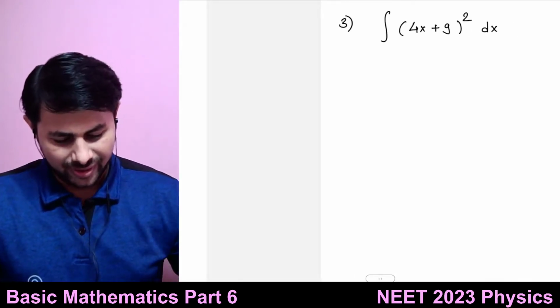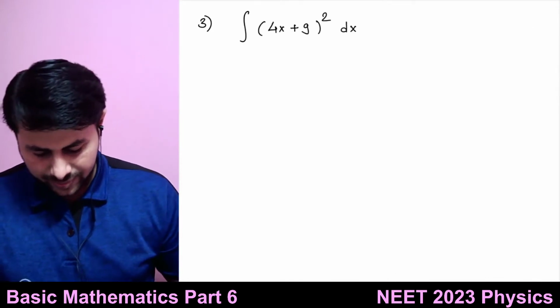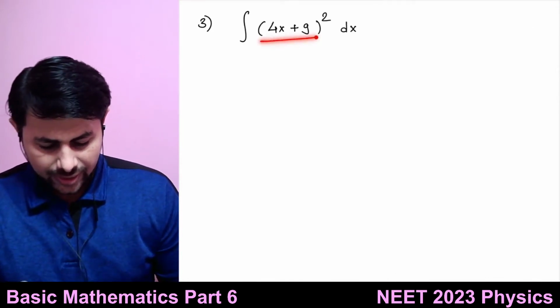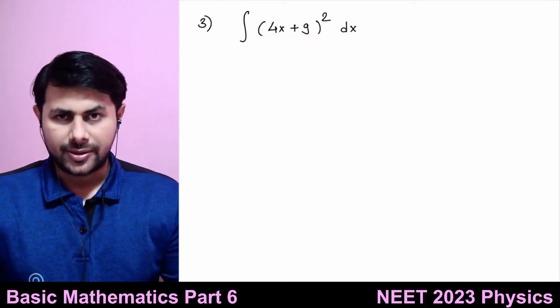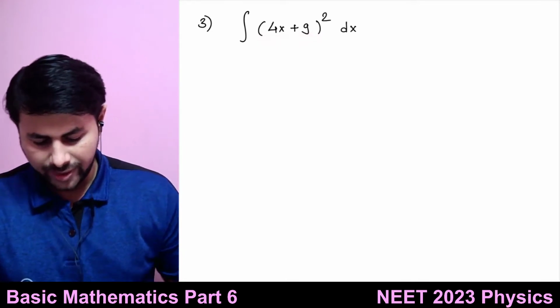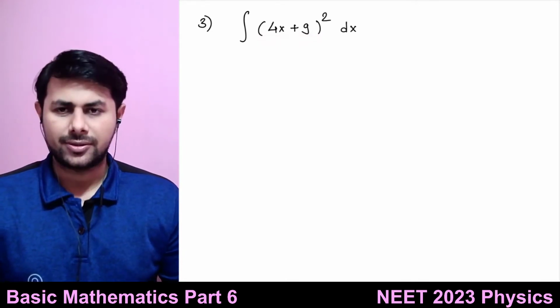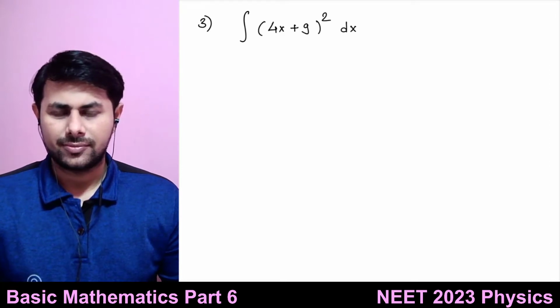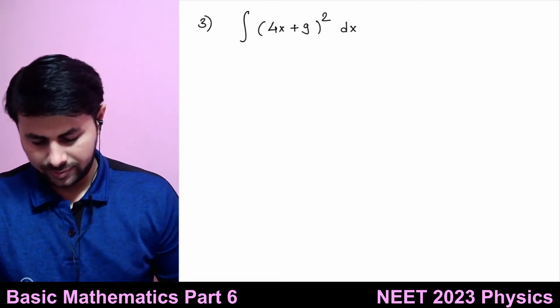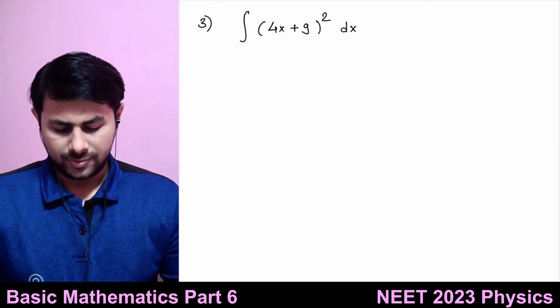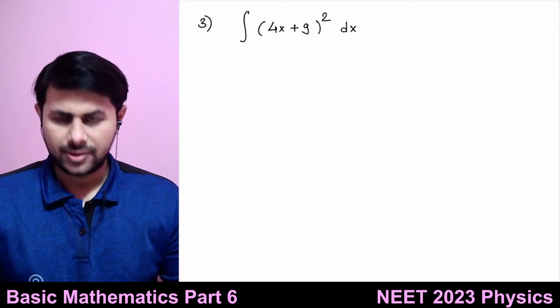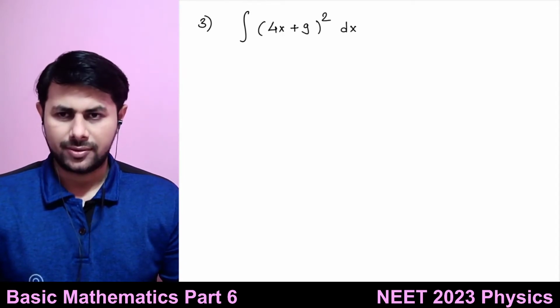Okay. Next. So here I have 4x plus 9 whole square. So what will be the integral of this? 4x plus 9 the whole cube divided by 3 into 4. Okay.